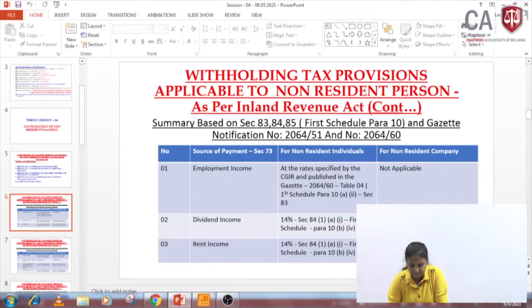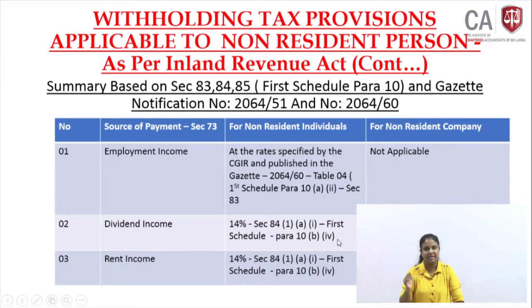Okay, now the next one is the rent income. With reference to rent income, it is again covered under section 84 subsection 1A Roman 1 and the first schedule paragraph 10B. The rate is 14%. For a resident, the withholding tax rate for rent is 10%.